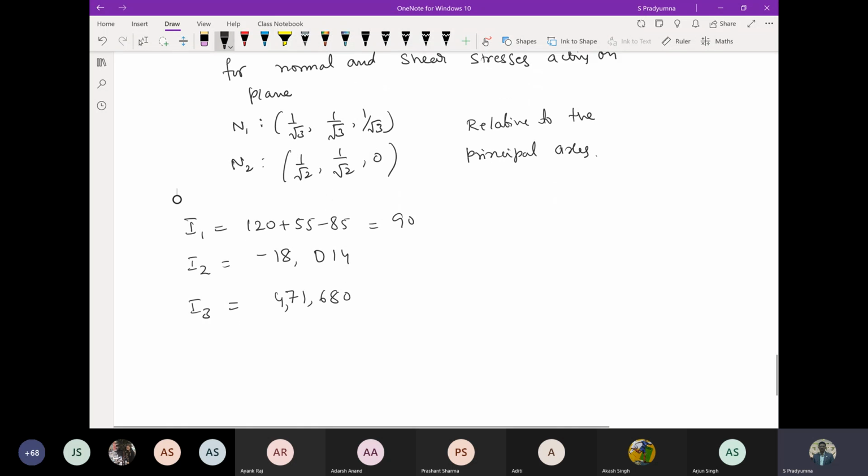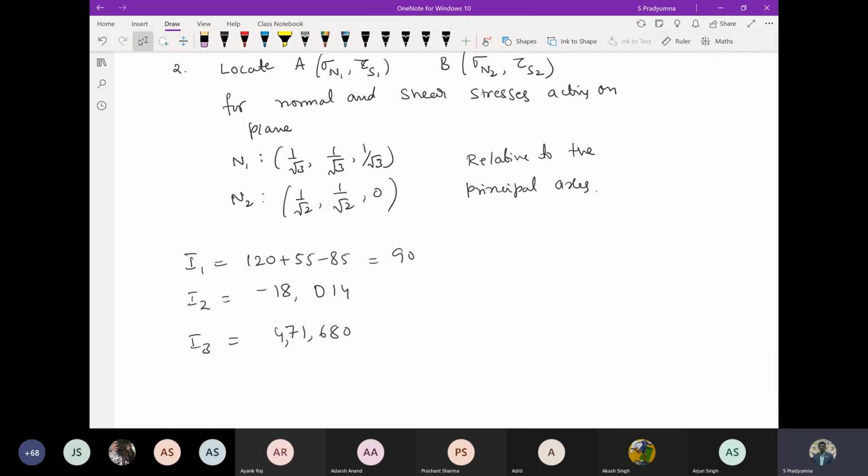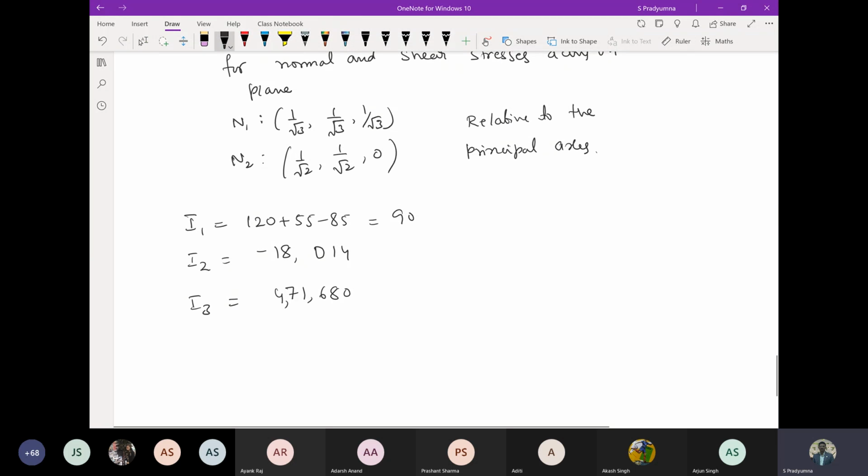Now I have the equation, sigma cubed minus I1 sigma squared, that is minus 90 sigma squared, plus I2 sigma, minus 18,014 sigma, plus 471,680 is equal to 0.